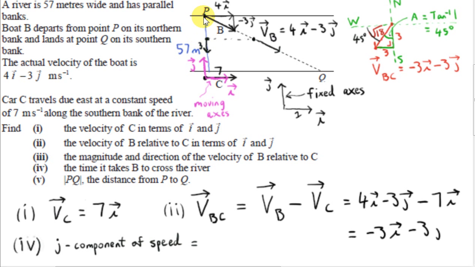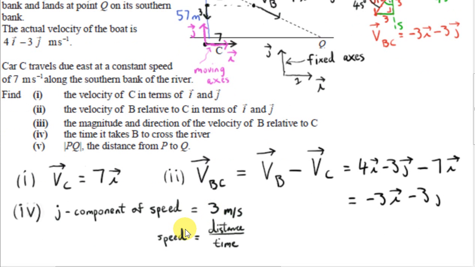So basically we have to calculate how long it would take a point moving with a speed of 3 meters per second to travel a distance of 57 meters. Now for constant speed, we just use the formula distance travelled divided by time taken. And we need to just turn this around to get the time taken.